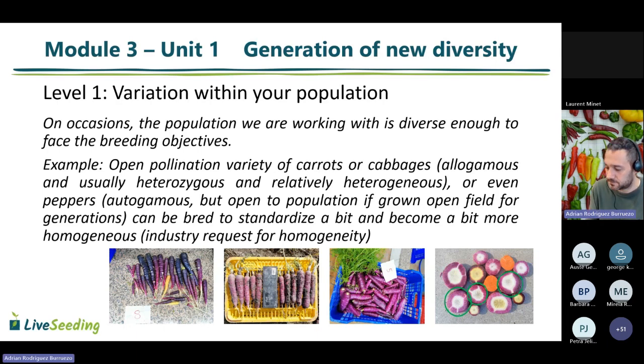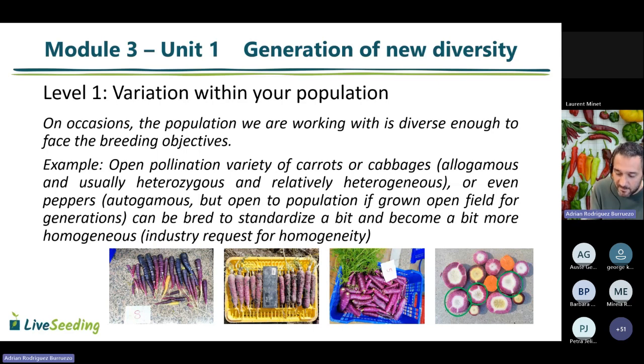First level, okay, I have described to you the level 0. The level 0 is that you have no diversity in your population. You are only working with a clonal variety of potato or a clonal variety of a citrus tree. Okay, you have no variation.